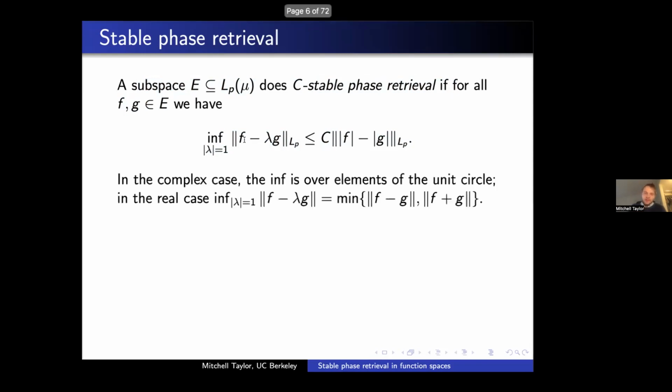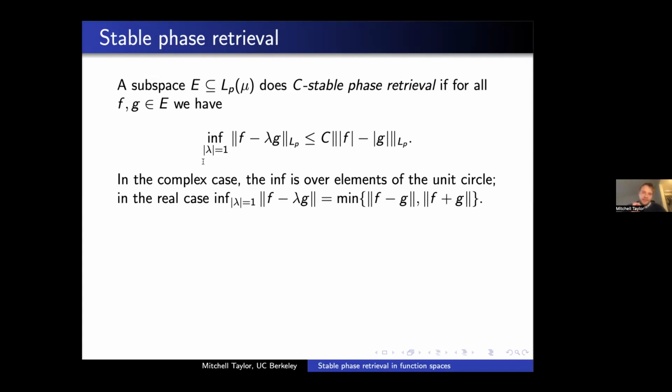Okay. So to make notation clear, this inf on the left-hand side, in the complex case, it's running over all elements of the unit circle, right? So lambda can be any scalar of the form e^{i theta}, where theta is real.